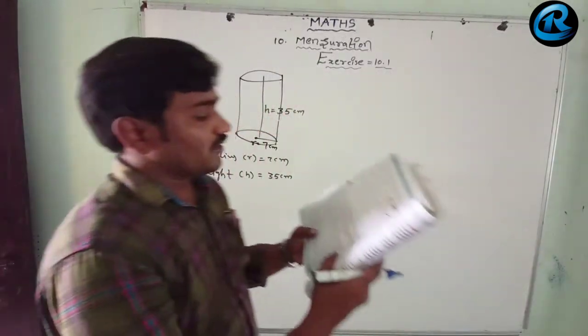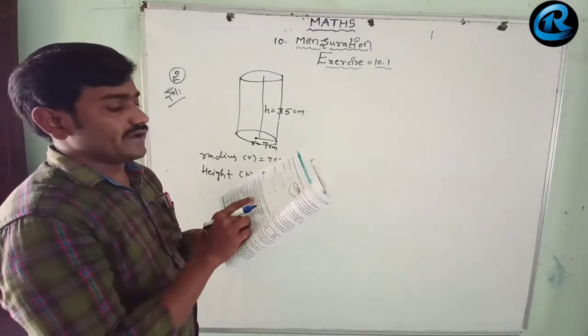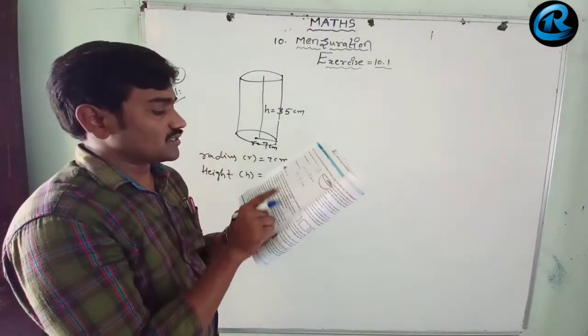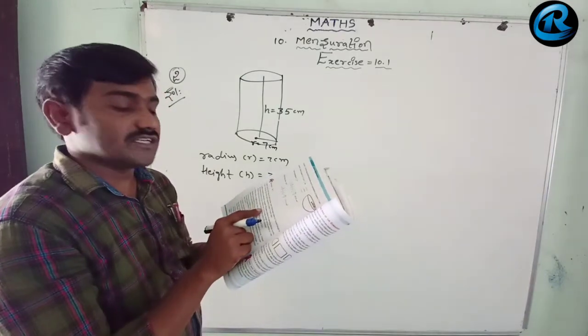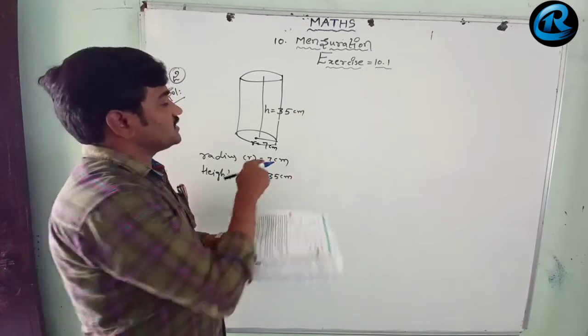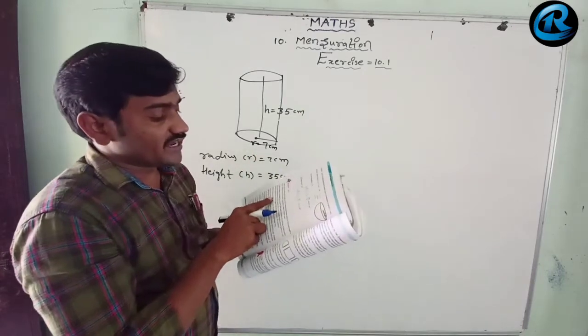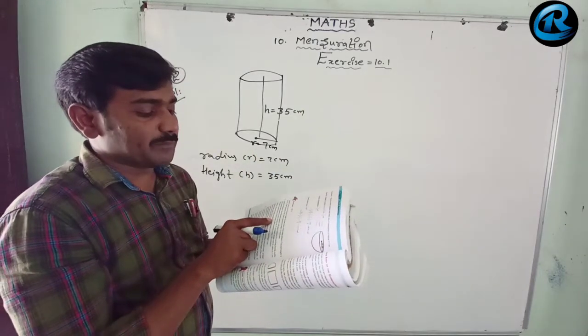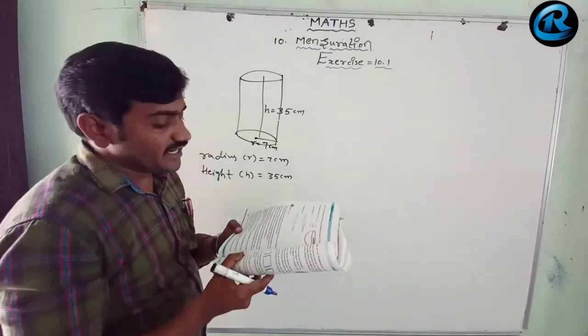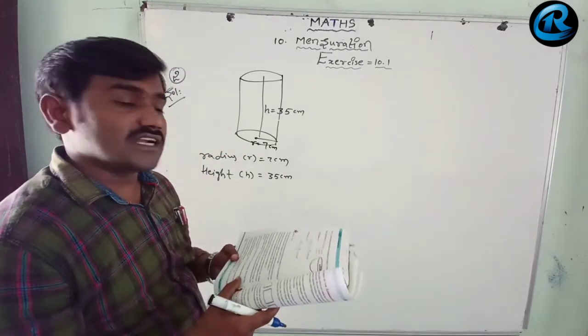Now, a sports company ordered 100 paper cylinders for packing shuttlecocks. The required dimensions of a cylinder are 35 centimeters in length or height, and radius 7 centimeters. Find the required area of thick paper sheet needed to make 100 cylinders.